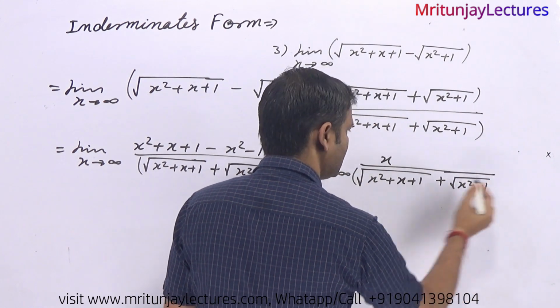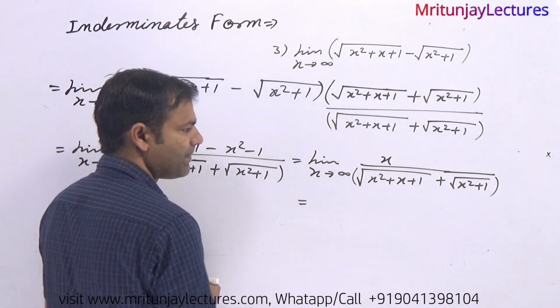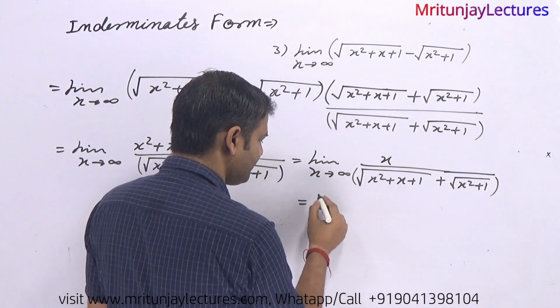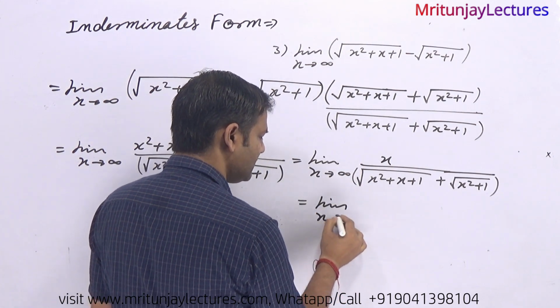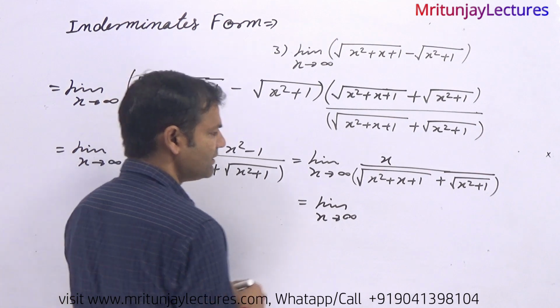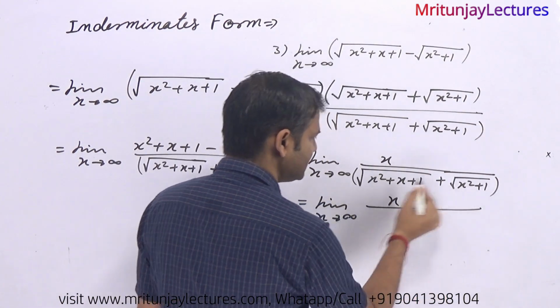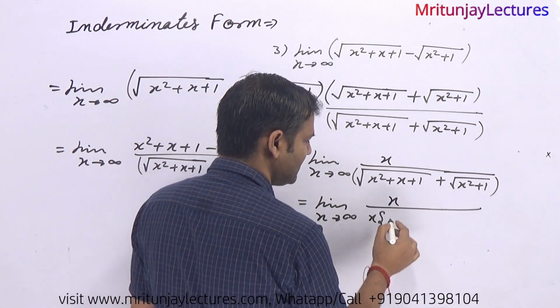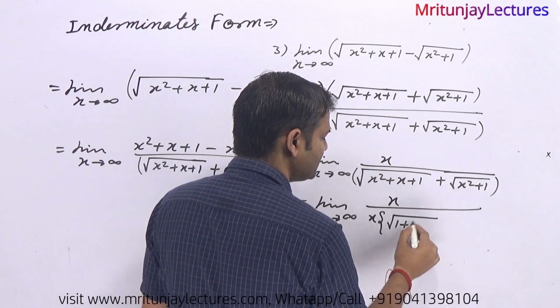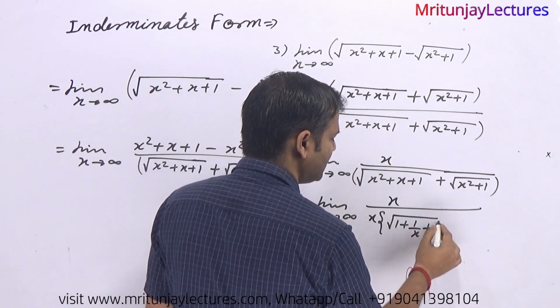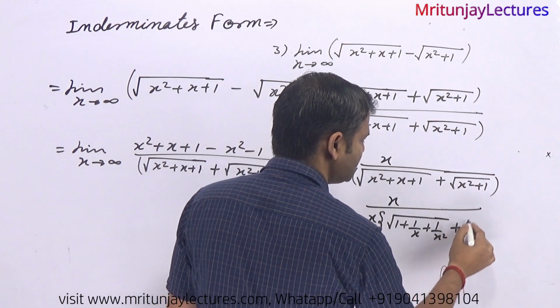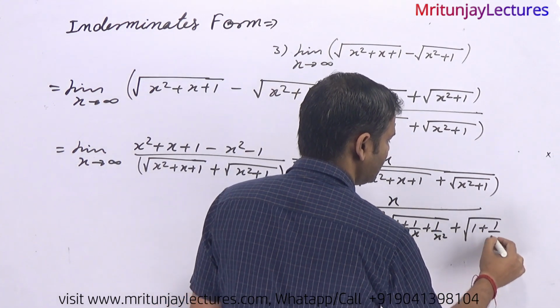Clear or not? Before putting the value in, first take x common in numerator and denominator. The numerator is only x, and in the denominator, taking x common, we get under root of 1 plus 1 by x plus 1 by x square, plus under root of 1 plus 1 by x square.